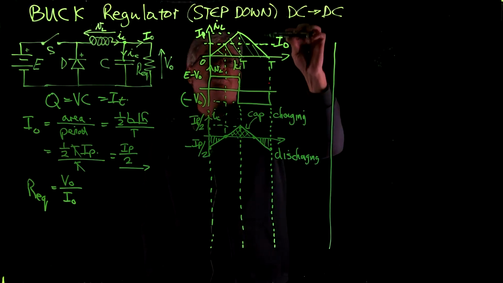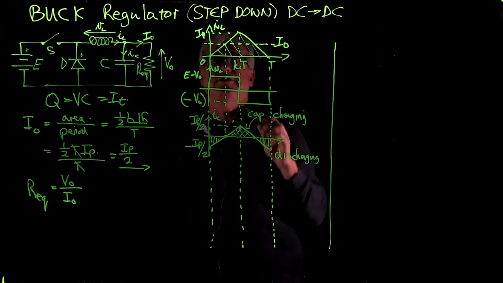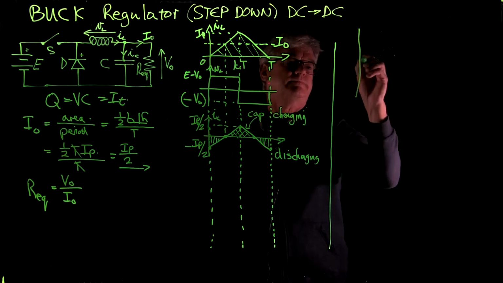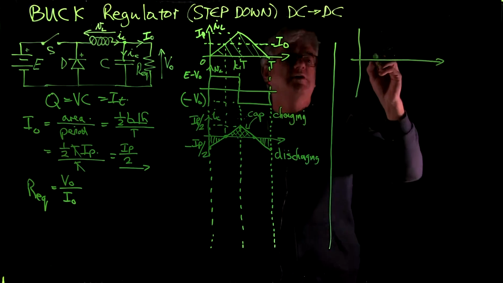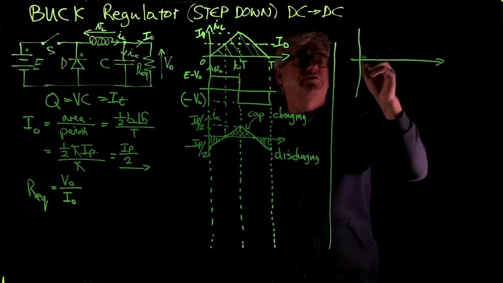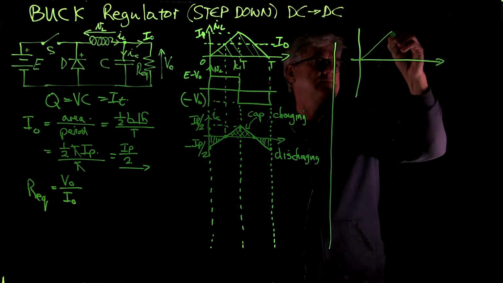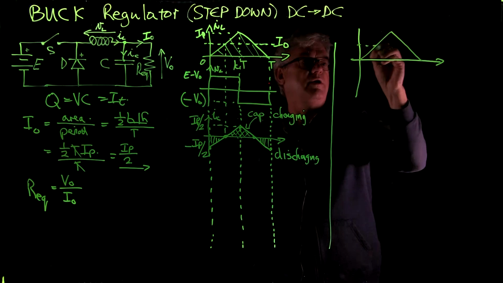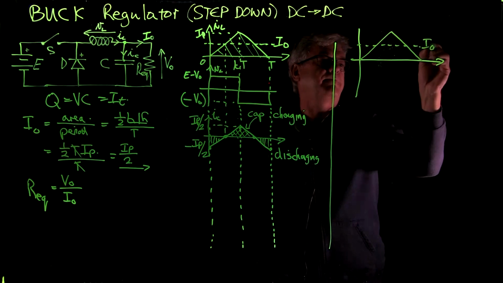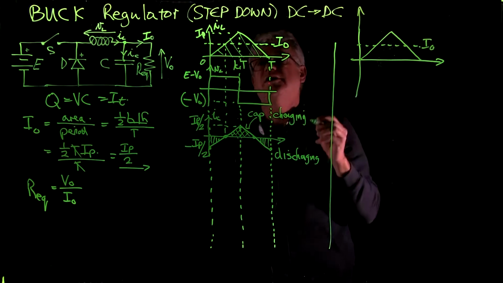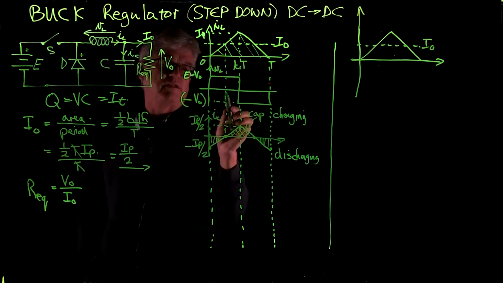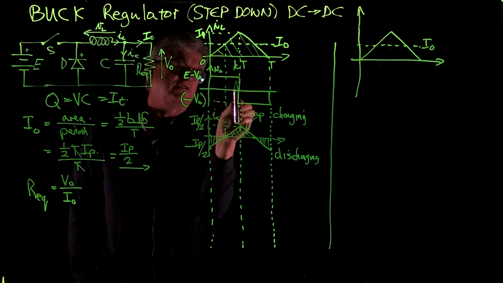So this I out would move up to that point there. So I'm just first going to redraw this as it was here and have an I out there. And remember now what we said. The duty cycle does not change.